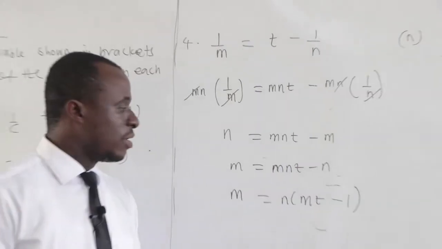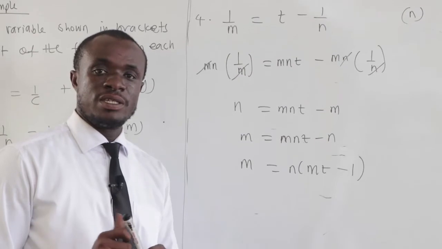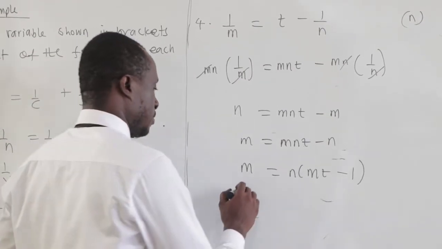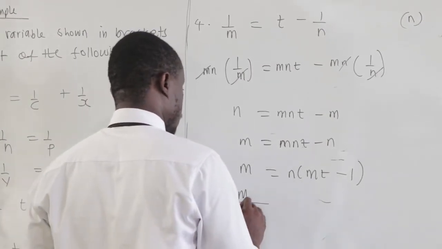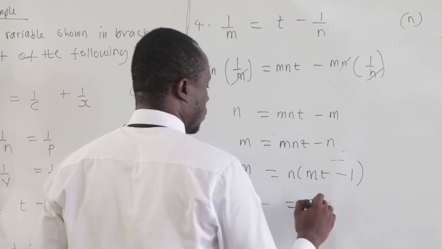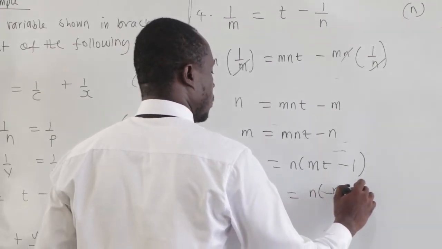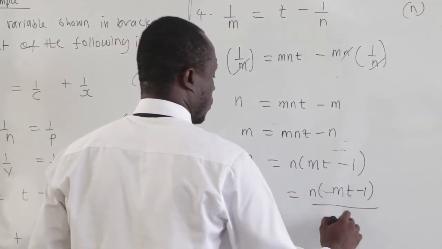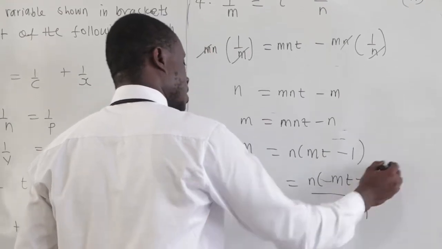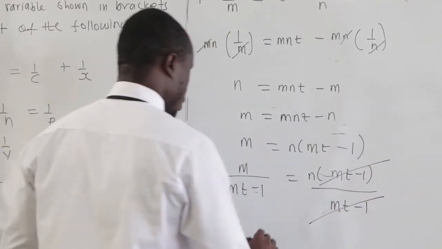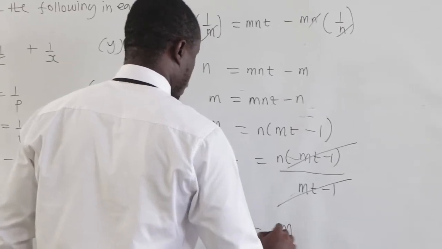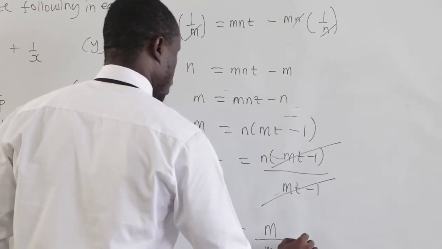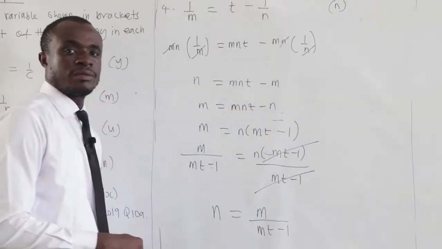We divide by what is multiplying the n, which is mt minus 1. Clearly this and that is cancelling out. So you have n to be equal to m all over mt minus 1.